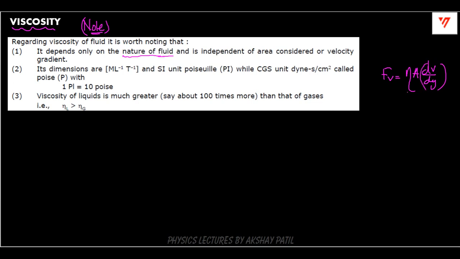I forgot to tell you the meaning of this eta. It is called the coefficient of viscosity. So now we are talking about this coefficient of viscosity. The first point here is that it depends only on the nature of the fluid.